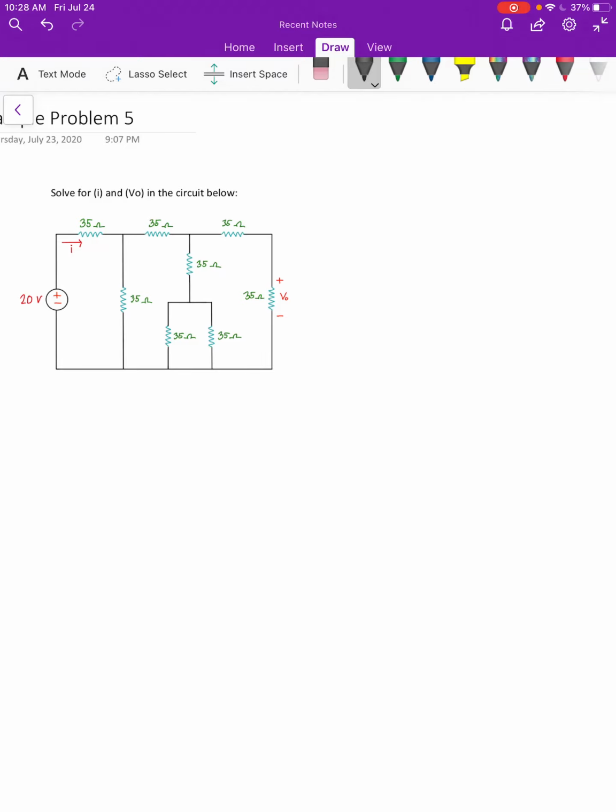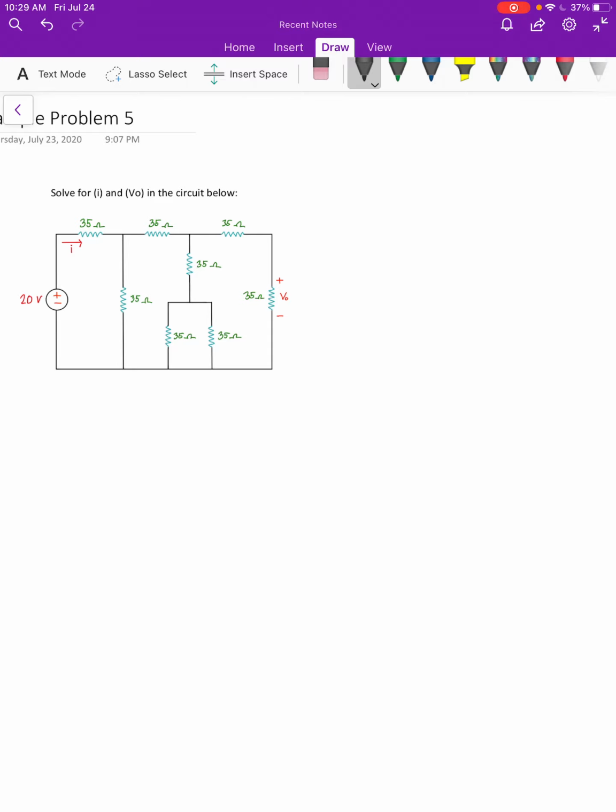Alright, good morning class. This will be a sample recorded problem solving that I'm going to do for you so that you can better approach the assessment quiz that I gave you.